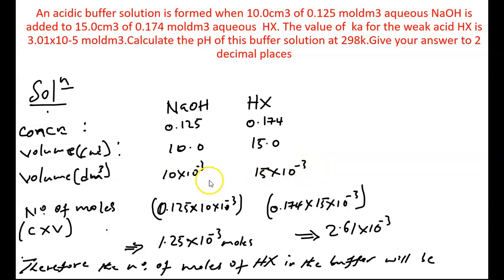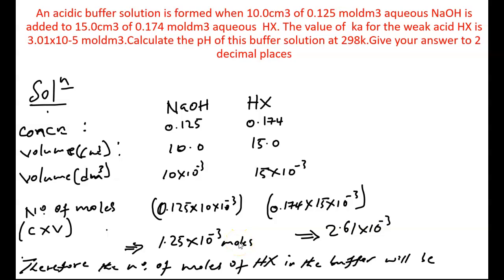Now with that, we can work out the number of moles of sodium hydroxide and HX in our solution, and that is the concentration times the volume. We know the concentration and volume of sodium hydroxide, so we can multiply the two to get the number of moles: 0.125 times 10 × 10⁻³, which gives us 1.25 × 10⁻³ moles.